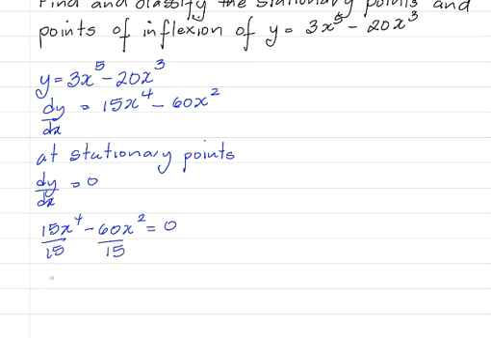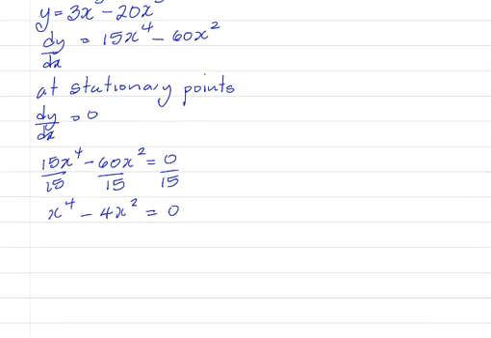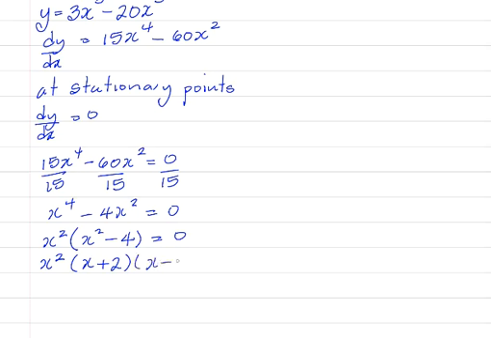So we now end up with x to the 4 minus 4x squared is equal to 0. Factor out x squared, we end up with x squared times x squared minus 4 is equal to 0. Factorize x squared minus 4, which is the difference of 2 squares, we get x squared, x plus 2, x minus 2 is equal to 0.